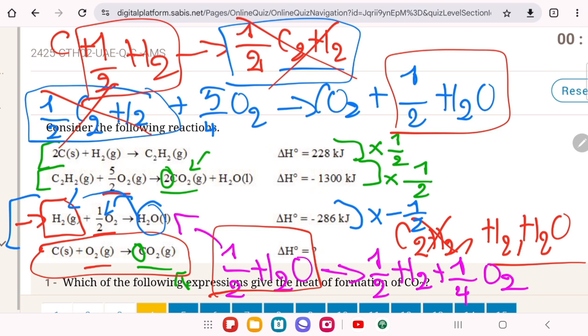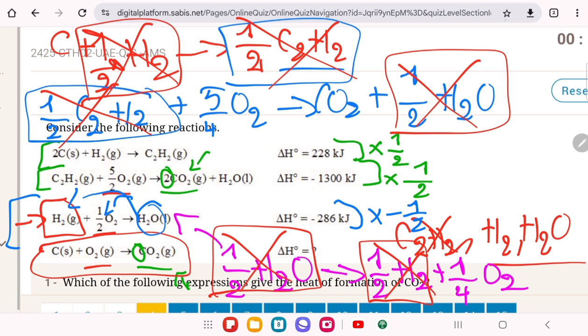One is in the products, one is in the reactants, so we can cancel them out. They're not actually canceling, it's more of subtraction, because if you do 1/2 minus 1/2, you will get 0. Same here, 1/2H2 and 1/2H2 over here, so we can cross them out because they eliminate each other.